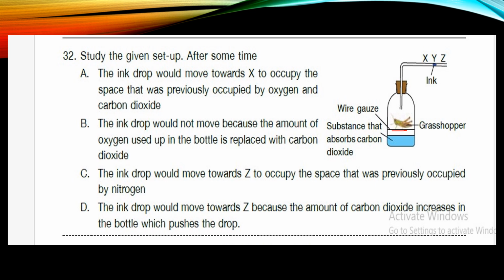D. The ink drop would move towards Z because the amount of carbon dioxide increases in the bottle, which pushes the drop. And answer is option A, because the grasshopper absorbs all the oxygen and this substance absorbs carbon dioxide. So the place is empty. To fill the place, the ink will move towards X.